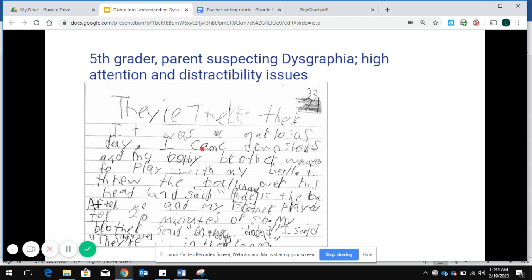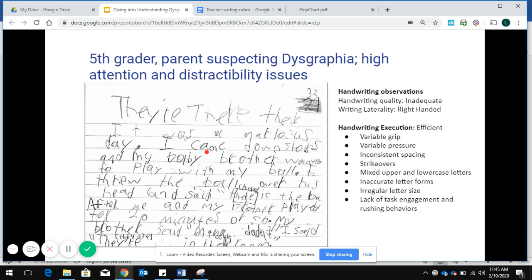In here, we have a letter A, and then look at this one. So they don't look alike, and it's the same letter. So handwriting observations. This is right-handed. His pencil grip was variable. His pencil pressure was variable too. And we can observe that in here.